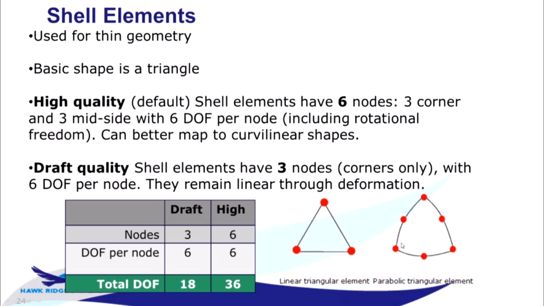This element now has 6 nodes. The key difference here is that shell elements have rotational degrees of freedom. So each node can move in 6 directions, 3 translational, 3 rotational, which means that each element has 36 degrees of freedom, in the ballpark of the solid element at 30.